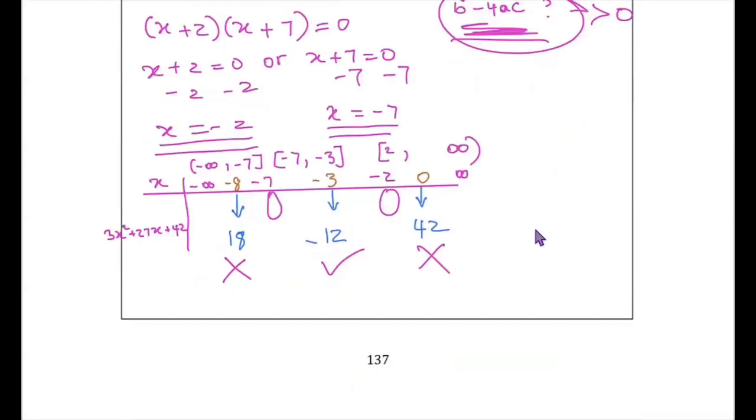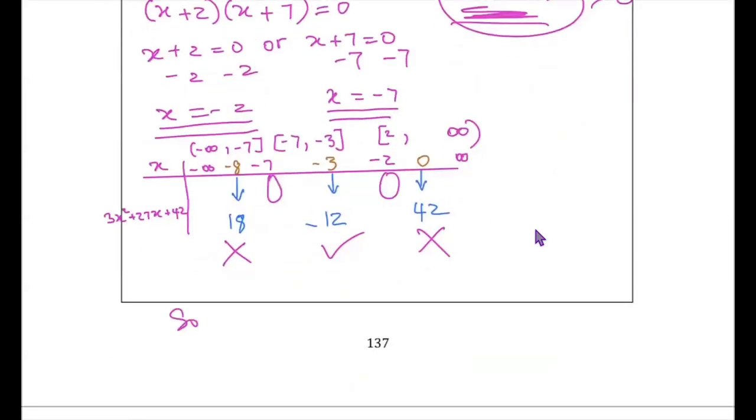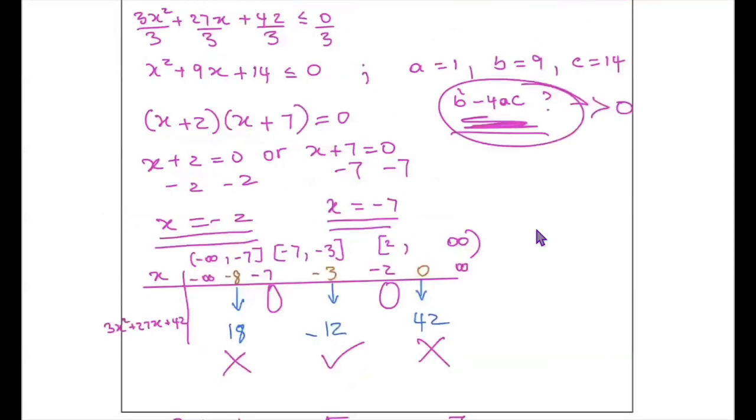So the solution here is from -7 to -3, because that's the only interval that gives me 3x squared plus 27x plus 42 either negative or equal to 0.